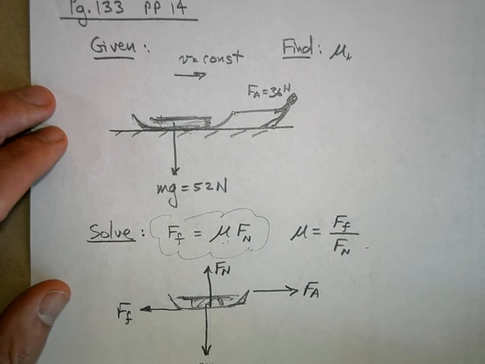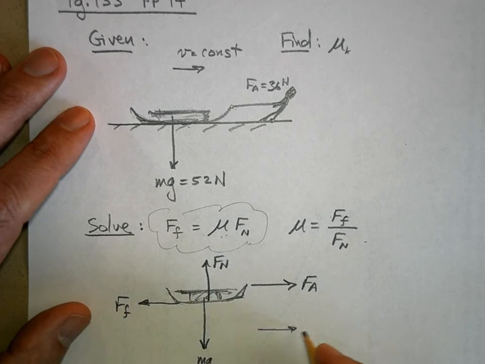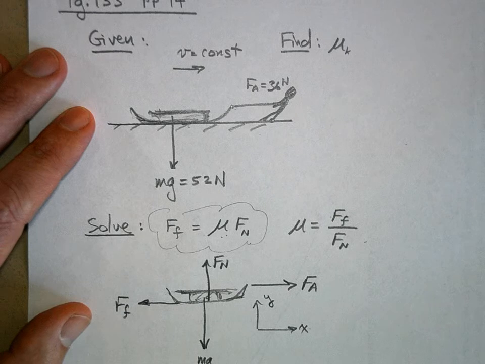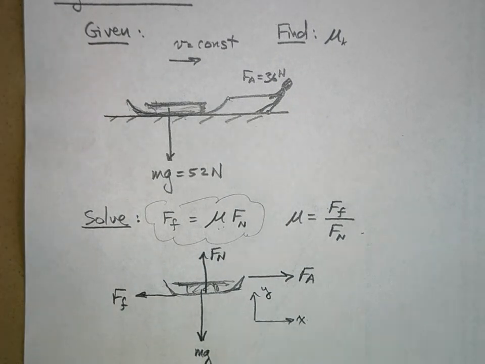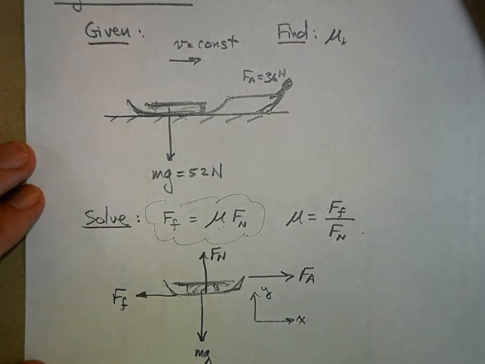So there's my free body diagram. And we'll identify our coordinate system. Here's our x and y axes, like that. So notice I'm following the procedure. I've got my free body diagram, step 2, step 3, step 4.